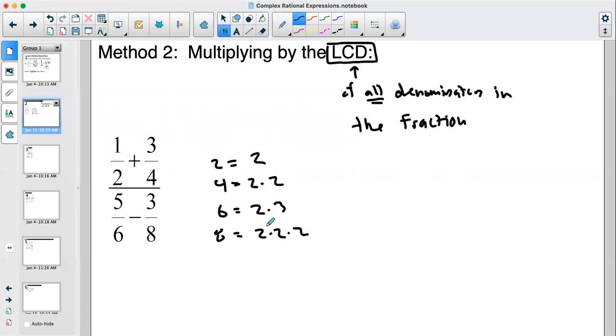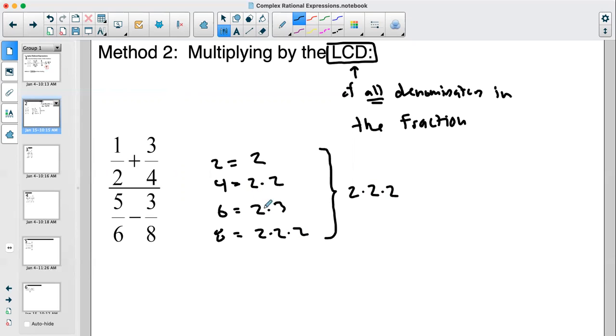I would call those the prime factorizations. I've determined what every factor of each denominator is, and I'm going to build my LCD. We did this already once. So I start with this one. You can honestly start with the biggest one because you're always going to need all the factors of even the biggest one. So I'm going to start with 8. I'm going to do 2 times 2 times 2.